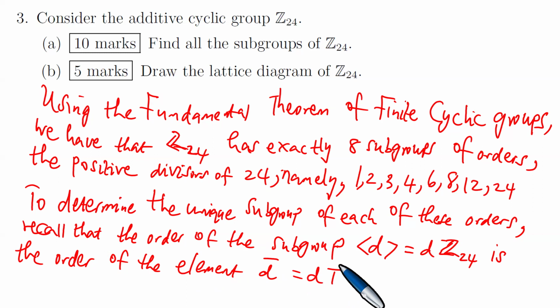We shall discuss this a little bit more, but I want us to analyze the implication of this here. We are saying to determine the unique subgroup of each of these orders, recall that the order of the subgroup generated by D is the order of the element D bar, which is D1 bar.